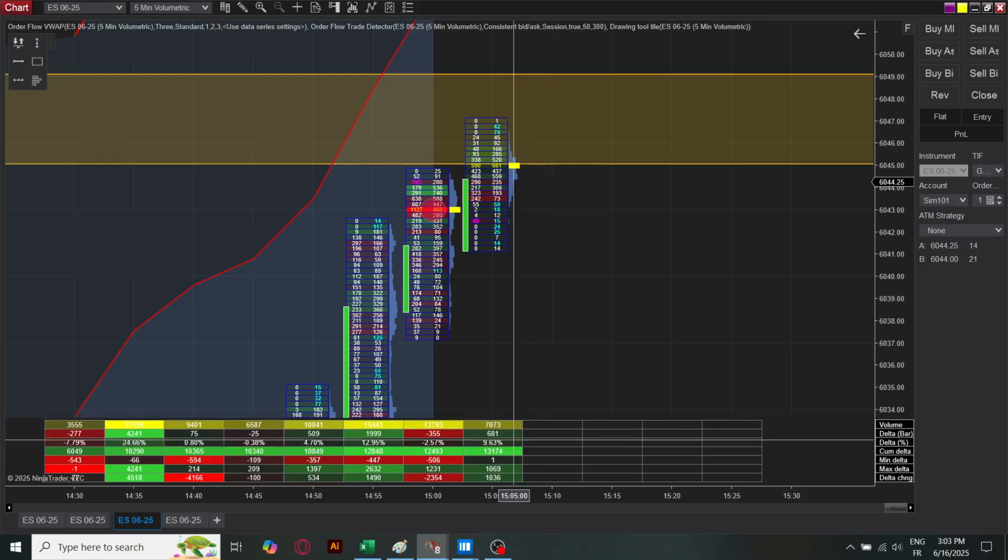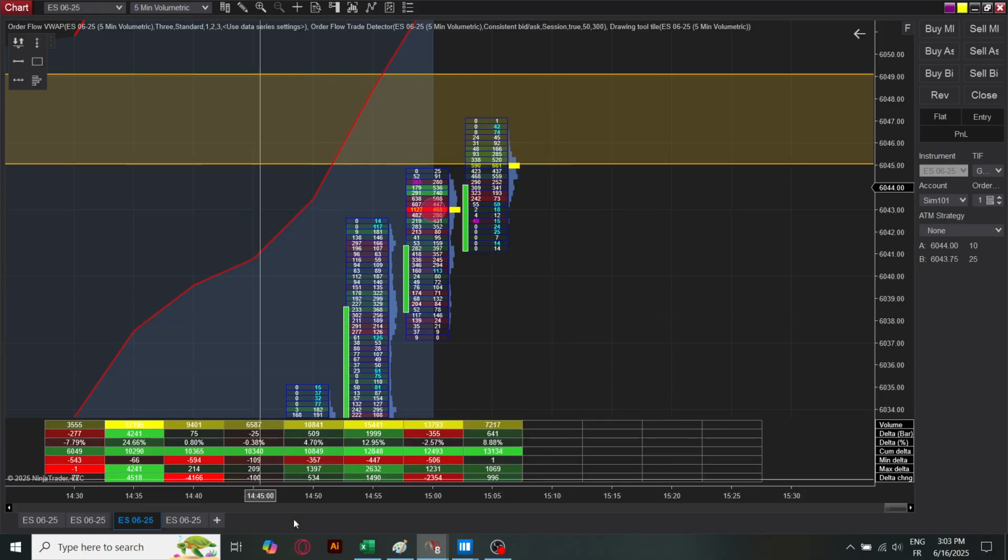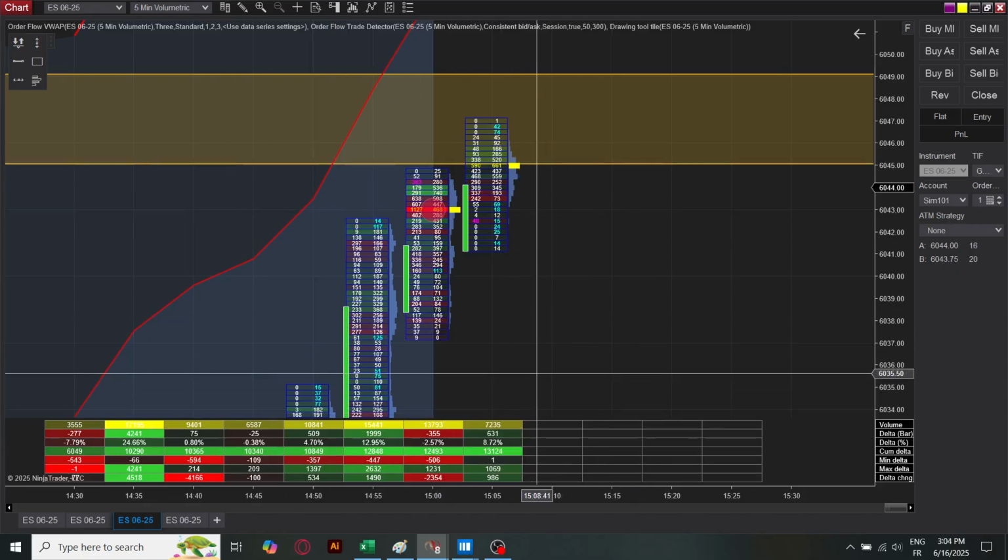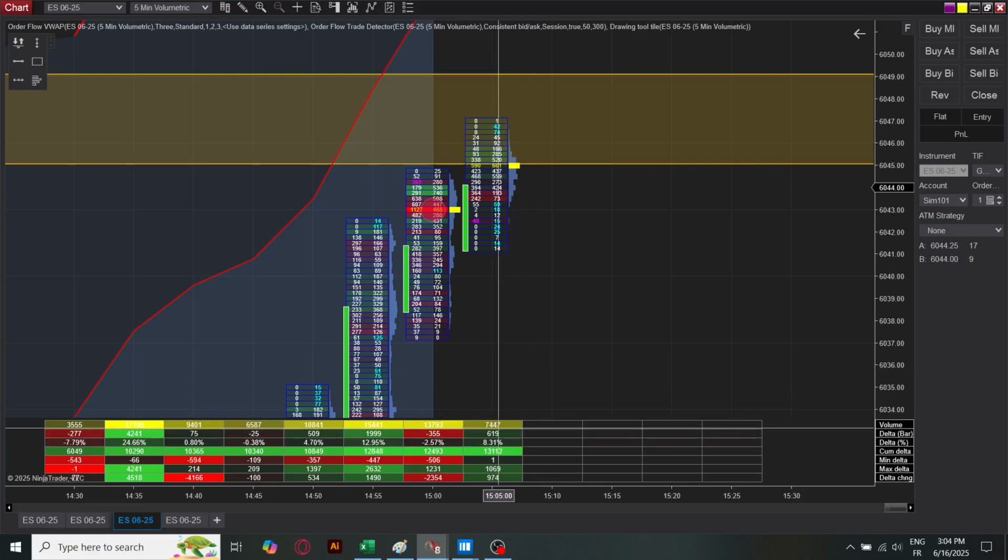The best thing here is delta and the minimum and maximum delta. If they offered me to choose one thing from all the footprint concepts, I would choose delta relative to minimum and maximum delta. If the delta is closer to the maximum delta, buyers are strong.